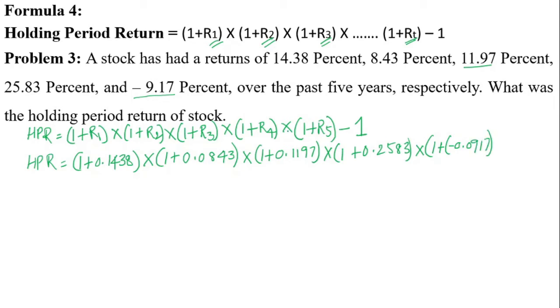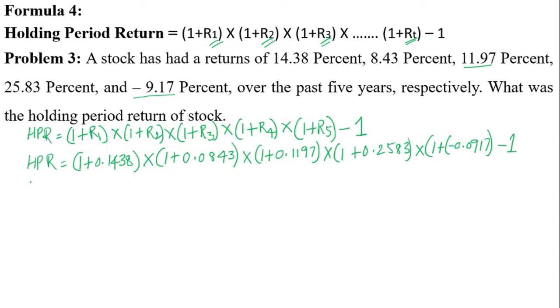This 9.17%, when you divide it by 100, you will get 0.0917. It is a minus value, so the minus value will be kept in the bracket. And finally, the minus 1 is there in the formula, which we have to write at the end.